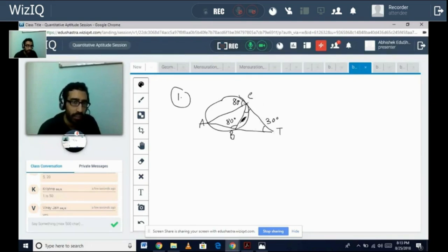So if this is 30, the other angle C has to be 50, since 30 plus 50 equals 80. The remaining angle ACB comes from the straight line: 180 minus 80 is 100, minus 50 gives you angle ACB, which is 50 degrees.